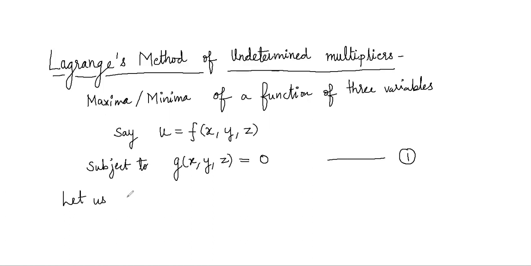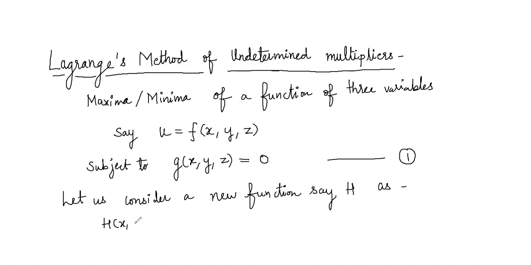Let us consider a new function, say h, as u, which is actually f, plus lambda times this function g which is present in the condition.